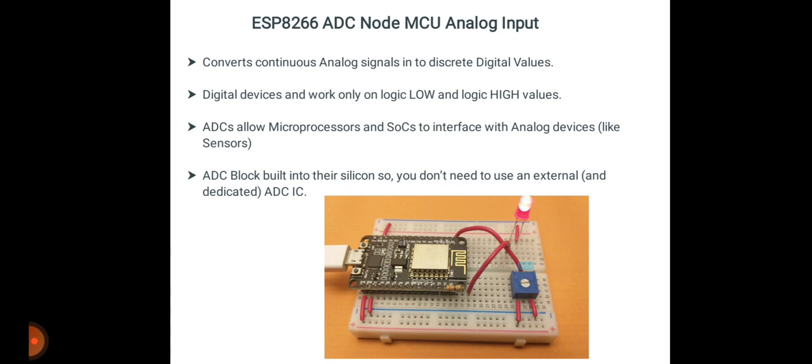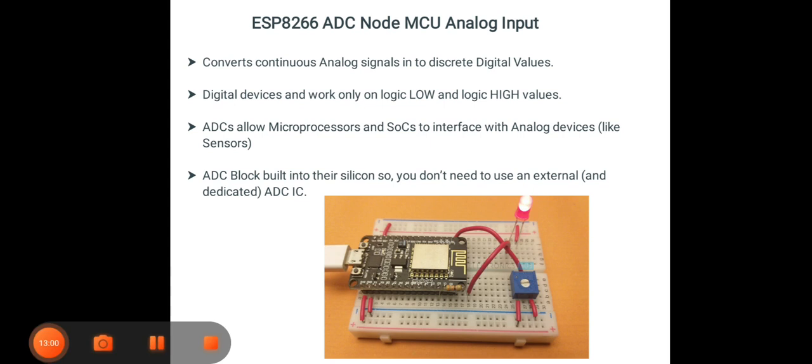ADCs allow microprocessors and SoCs to interface with analog devices, like a temperature sensor, or to build systems around them. Most modern microprocessors already have an ADC block built into their silicon, so you don't need to use an external or dedicated ADC IC. This is the main advantage.